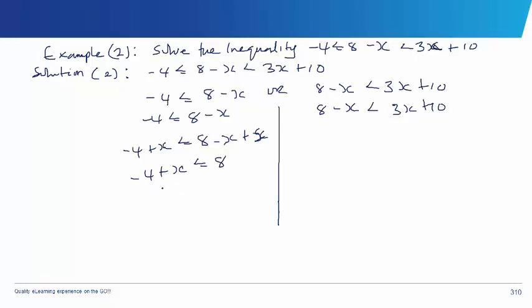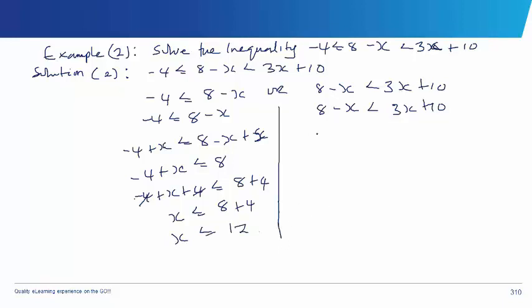Then I'll add 4 to both sides to take care of minus 4. Then here becomes minus 4 plus x plus 4 less than or equal to 8 plus 4. So 4 takes care of minus 4, x is less than or equal to 8 plus 4. So that x is less than or equal to 12.